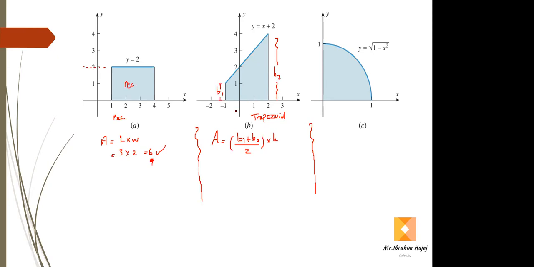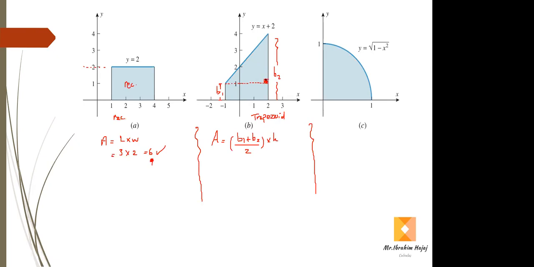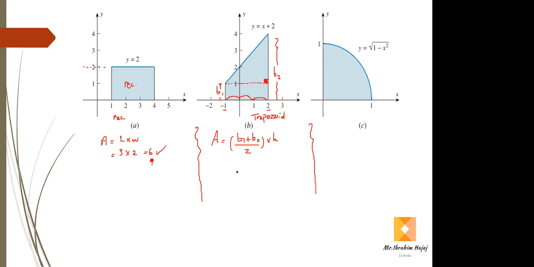And the height? It is between base 1 and base 2. The height is the line segment connecting the two bases, perpendicular to the base, making a right angle. So how to find this height? How many units from -1 to 2? 1 unit, 2 units, 3 units. So the height is 3.